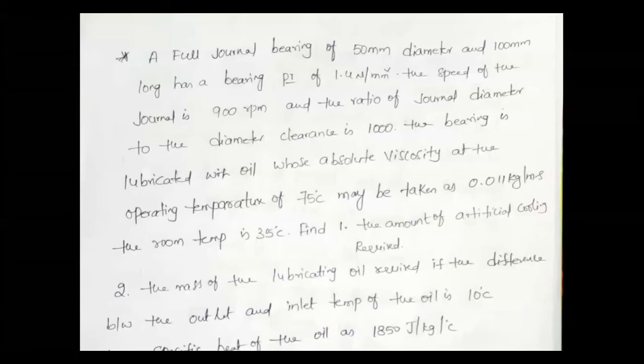If required, we directly go to the data book and pick up the values. Otherwise, based on the given data of the problem, we solve the problem. These are the only two things. First, you take the data from the given data of the problem. If it is not available, then we go to the data book.